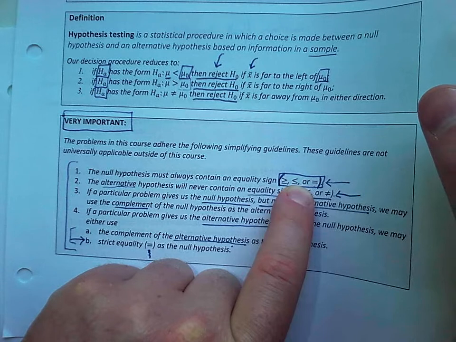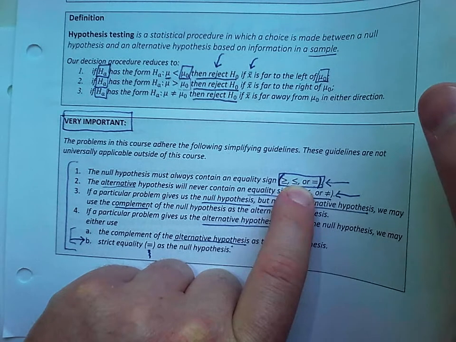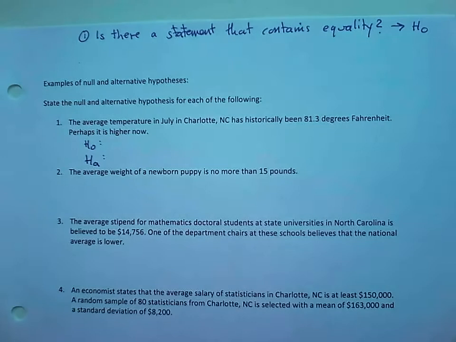It might say something like it just is, or the value is this. So let's take a look. The average temperature in Charlotte, North Carolina has historically been 81.3 degrees Fahrenheit. Perhaps it is higher now. Do we have a statement which contains equality?